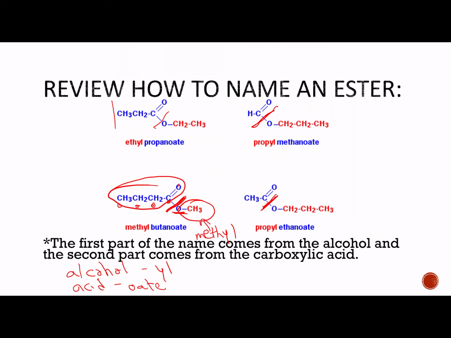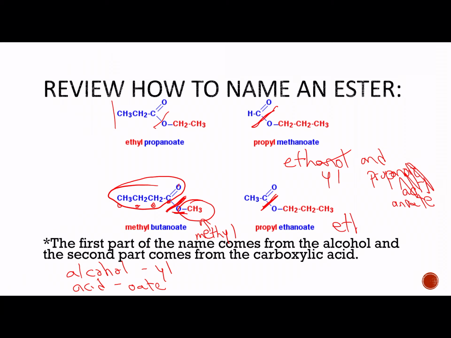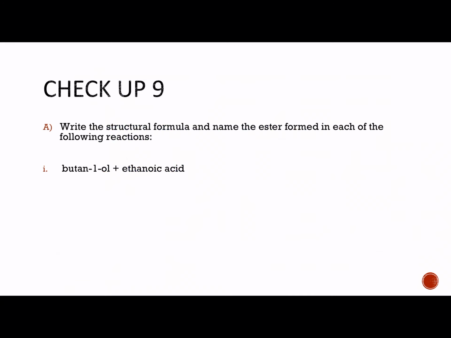For example, if they ask what is the name of the ester when you mix ethanol and propanoic acid, it's as easy as saying, okay, this changes to yl and the acid changes to oate. So it's ethyl propanoate. We'll take a look at some questions like that so that you see some.